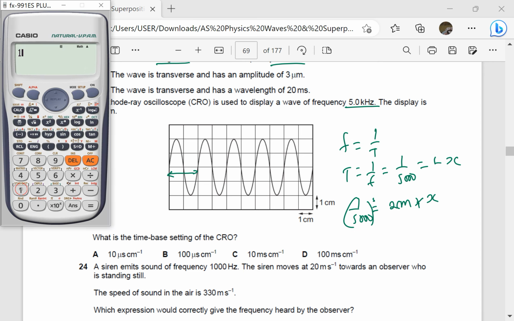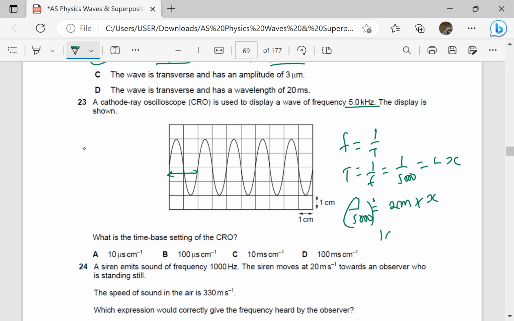So I have 1 divided by 5,000, again divided by 2 centimeters. So you have 1 times 10 power negative 4 seconds per centimeter as the time-base setting. The answers are in milliseconds.